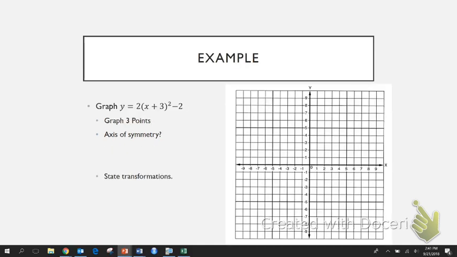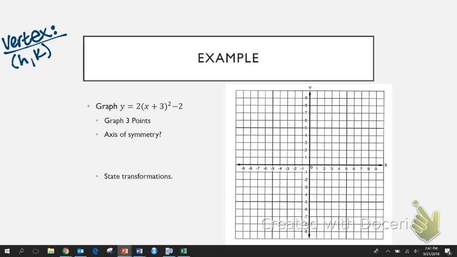All right. So here I'm going to graph 2(x plus 3) squared minus 2. So to do this, when we're graphing a quadratic, you want at least 3 points, the vertex being one of them. So the vertex, my vertex is (h, k), just like absolute value.